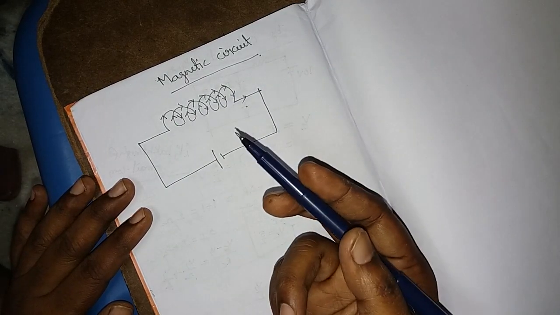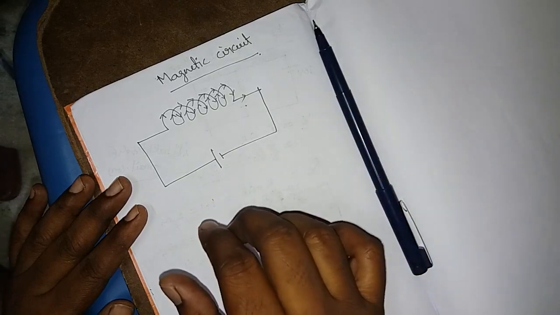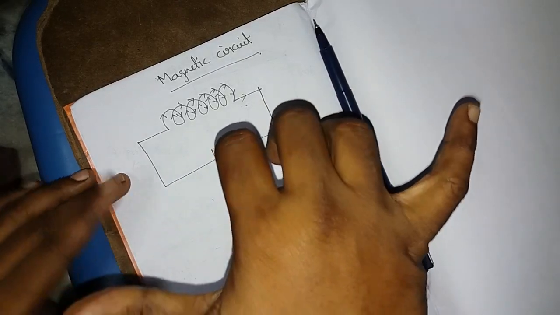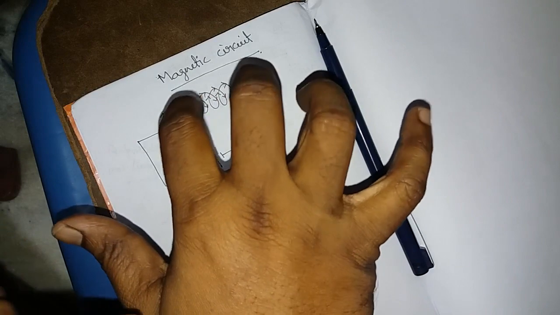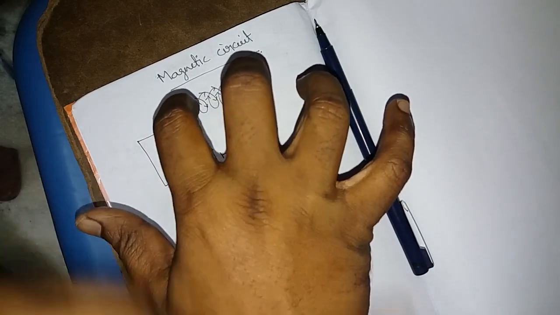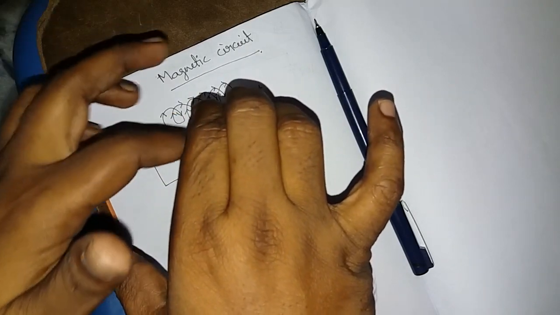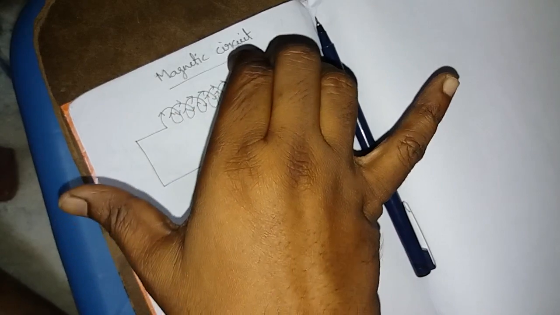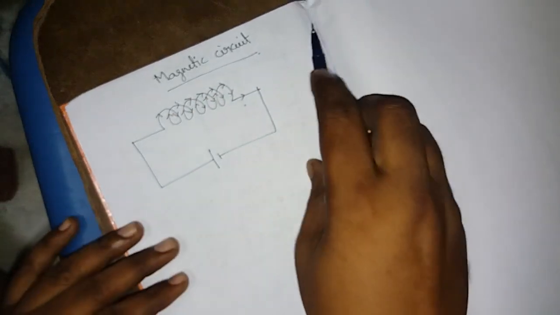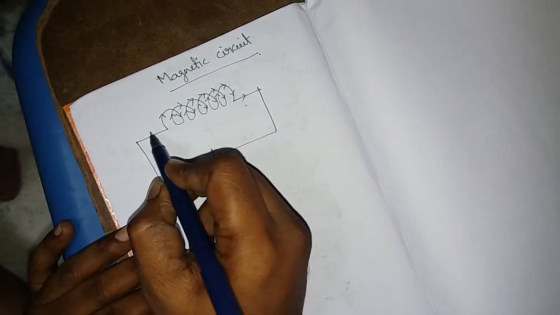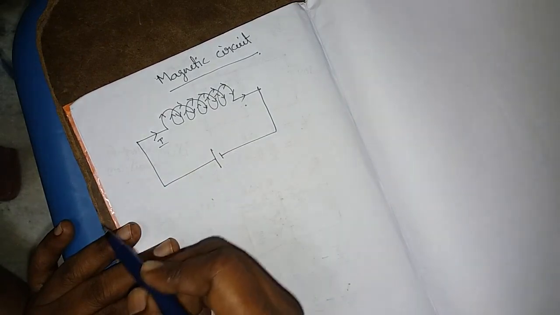If the current goes in this fashion, the windings are not like this. If I take these two as the two terminals, the coil windings may be like this. Then how does the current flow? This winding, next this winding, next this winding, and again it will leave like this. It is not possible. So the current up to here will be I.